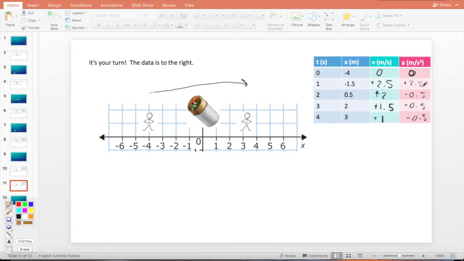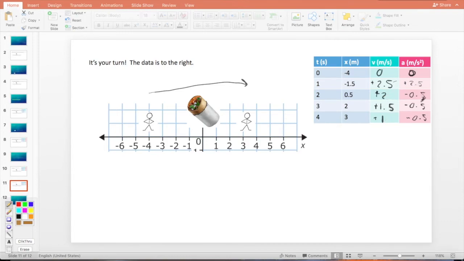Let's look at the accelerations. This one is a little bit tricky. You start at rest. By the end of the first second, you have obtained a velocity of 2.5 meters per second. So that's an acceleration of 2.5 meters per second squared. Of course, you had to speed up to reach that speed in your first second. But then after that, I guess you spent too much energy. And now, as we said, you're slowing down. 2.5, 2, 1.5, 1.